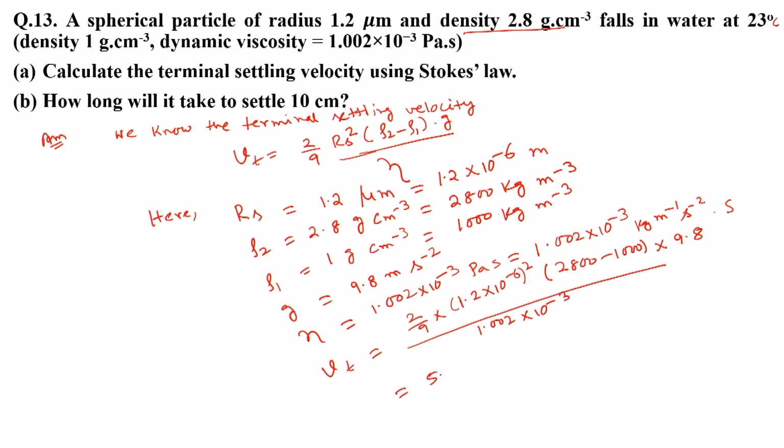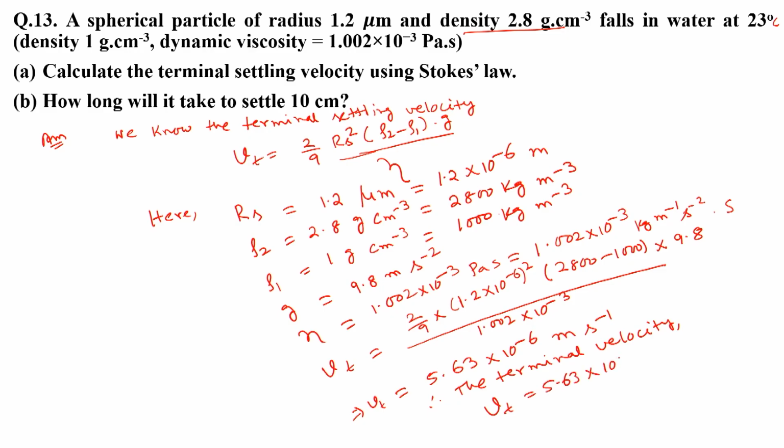If we calculate this, we get 5.63 times 10 raised to the minus 6 meter per second. So first part is done. Therefore the terminal velocity Vt is 5.63 times 10 raised to the minus 6 meter second inverse.